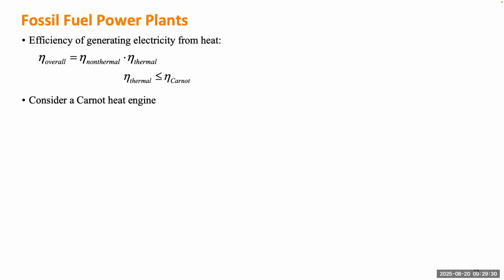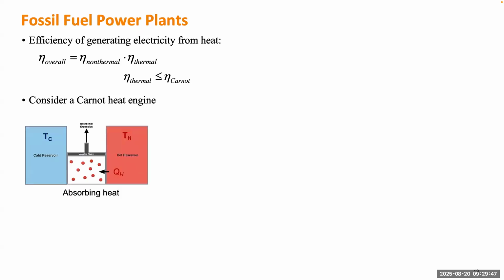Yeah, let's talk about the Carnot heat engine. So everybody has heard of a Carnot engine, right? Let's just quickly go over the idea, and we can use the idea to investigate the efficiency of a realistic fossil fuel power plant. So let's assume we have two tanks.